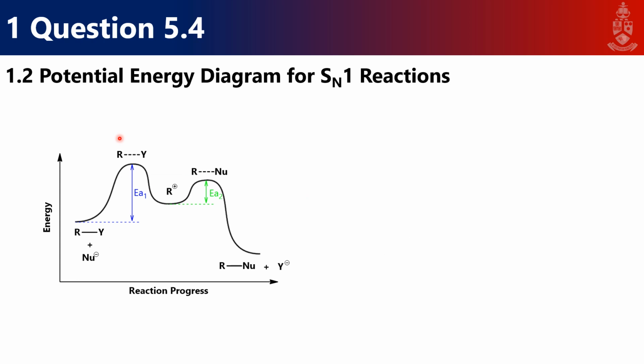Then if you generally looked at the potential energy diagram for an SN1 reaction, this is what you would see. We'd first see a first activation energy for the dissociation of the Y group, the leaving group, which leads to your carbocation intermediate, which is then attacked by the nucleophile, which has a transition state of R sort of bonded to the nucleophile.